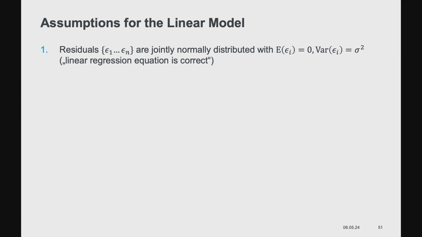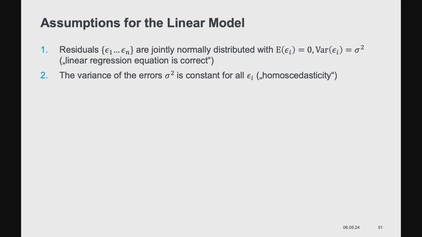So, what are the assumptions? Some I mentioned already, but some I didn't. What we assume is that the residuals are jointly normally distributed, and we expect that they are distributed around 0 with a certain variance.